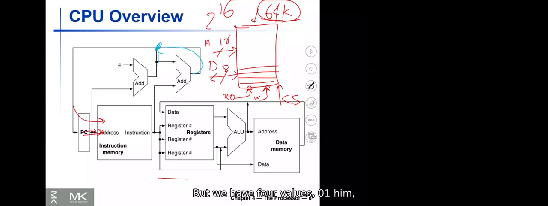But we have 4 values: 0, 1, high impedance, which we call Z, and also X as unknown. When you have 2 drivers going to somewhere, it might actually blow out the circuit because you might get a short circuit, you get lots of current, and it will become hot, and so it blows.